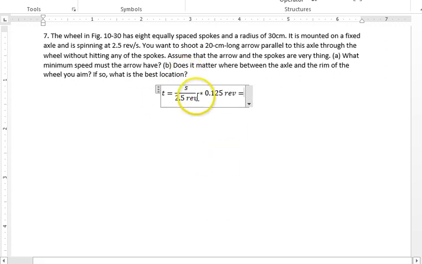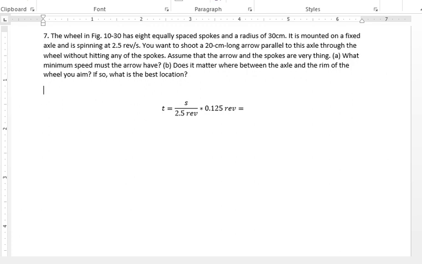The time it takes to make one revolution is the inverse of the rate. Let me back up a second, and we can just say theta equals omega t, right?